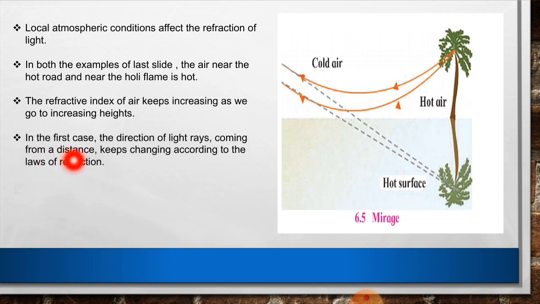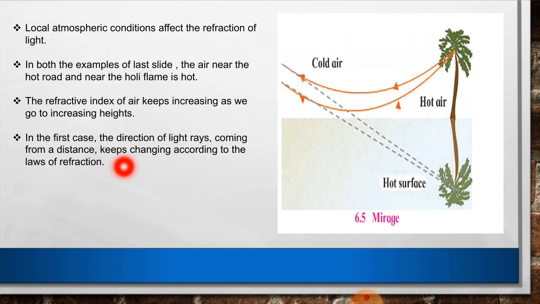In the first case, the direction of light rays coming from a distance keeps changing according to the laws of refraction. We have seen that when the light ray comes from a rarer medium to a denser medium, it bends towards the normal. When it goes from denser to rarer, it goes away from the normal.